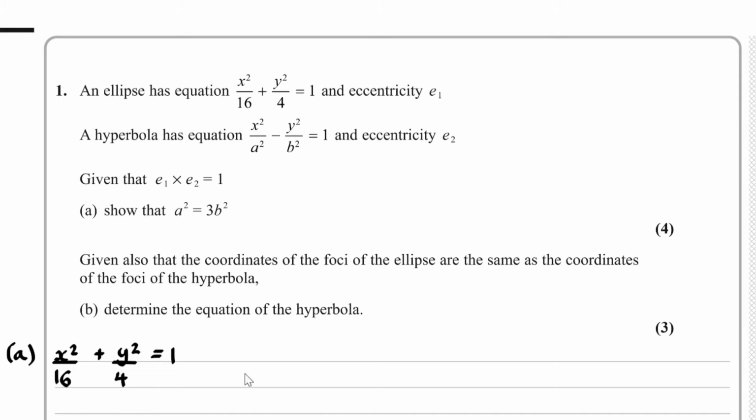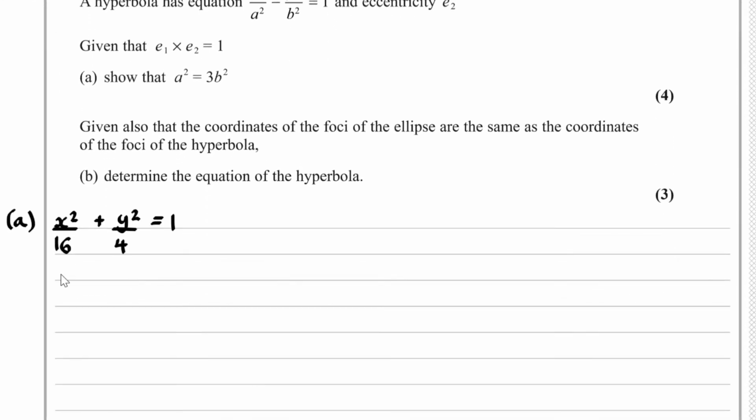and therefore, with eccentricity we have for an ellipse b1 squared equals a1 squared multiplied by 1 subtract e1 squared.